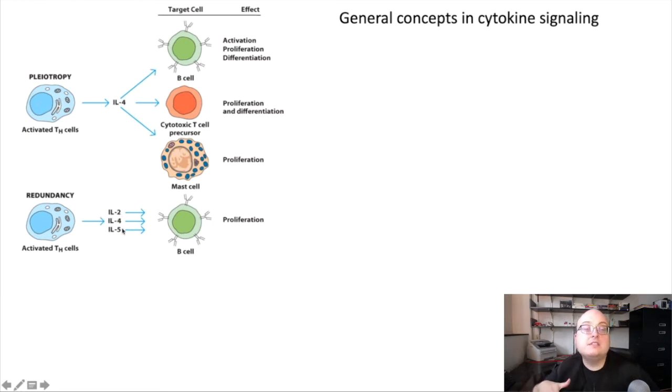And so, it's common to have SNPs or small mutations that make us lose function in a random gene. And so, for things that are really, really important for our survival, like the proliferation of B cells, we really want to make sure we have multiple redundant fail-safe mechanisms to induce those processes. And so, IL-2, IL-4, and IL-5 are all sufficient to induce the same process. So if we lose one, we have some backup.